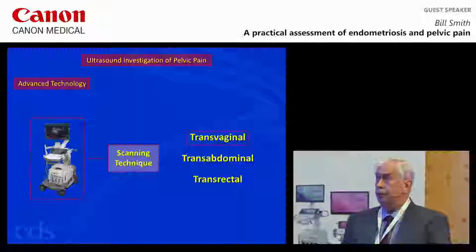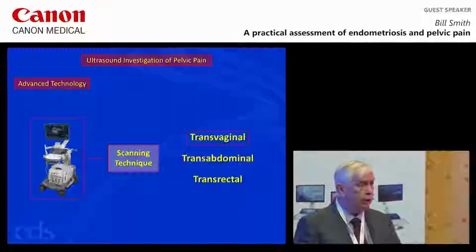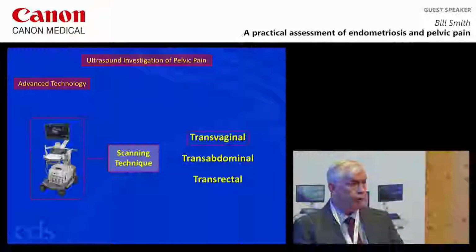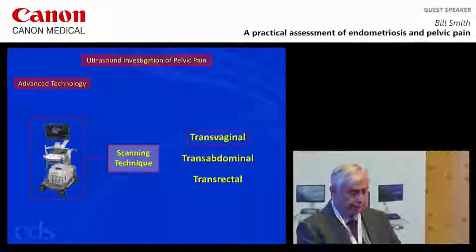And certainly from an endometriosis point of view, there's a considerable role for transrectal scanning.